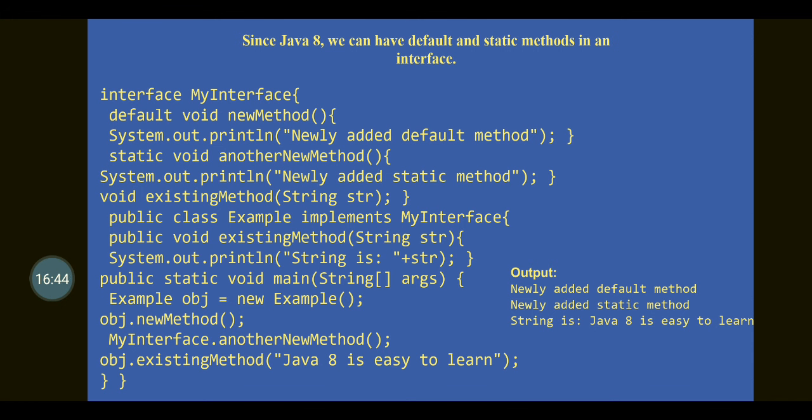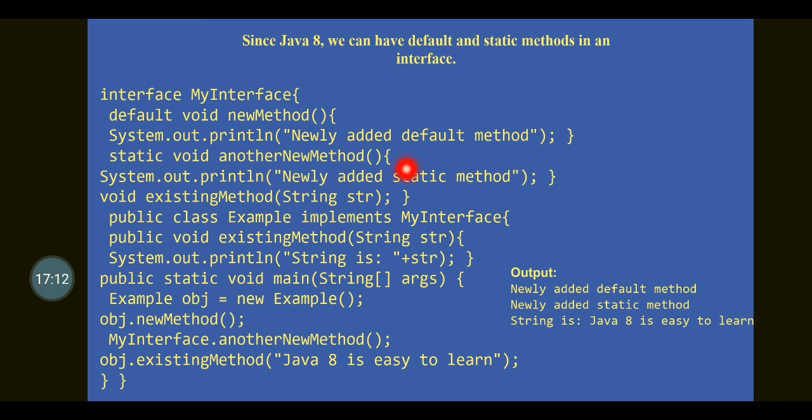We have already discussed that since Java 8 we can have default and static methods in an interface. So let us have an interface, and within that interface let us have a default method, default void newMethodOf.